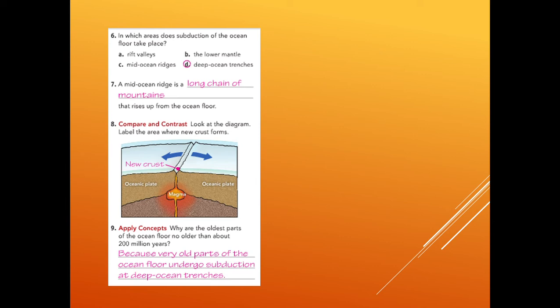Okay. Number 9, apply concepts. Why are the oldest parts of the ocean floor no older than about 200 million years? Well, because very old parts of the ocean floor undergo subduction at deep ocean trenches. Keep in mind that it takes a lot of time for all of the ocean floor to be renewed, in order to have a new layer of material on it.